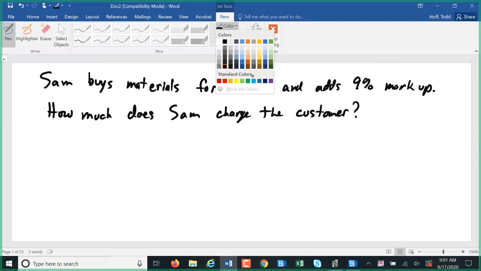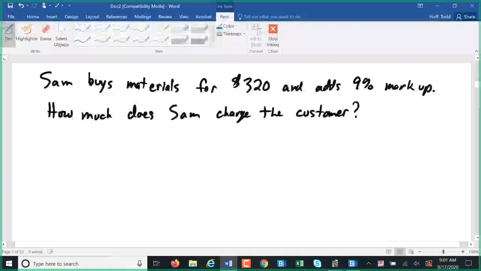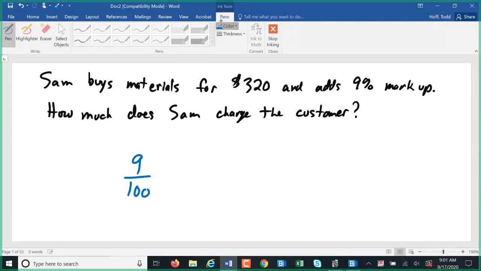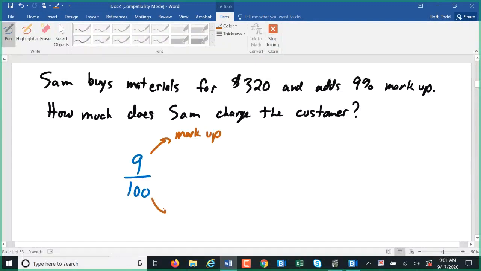So when we look at this one, we have the 9%. The 9 still represents the markup. The 100, the base amount, is still the cost. We look at what we have here. The 320 is the cost.